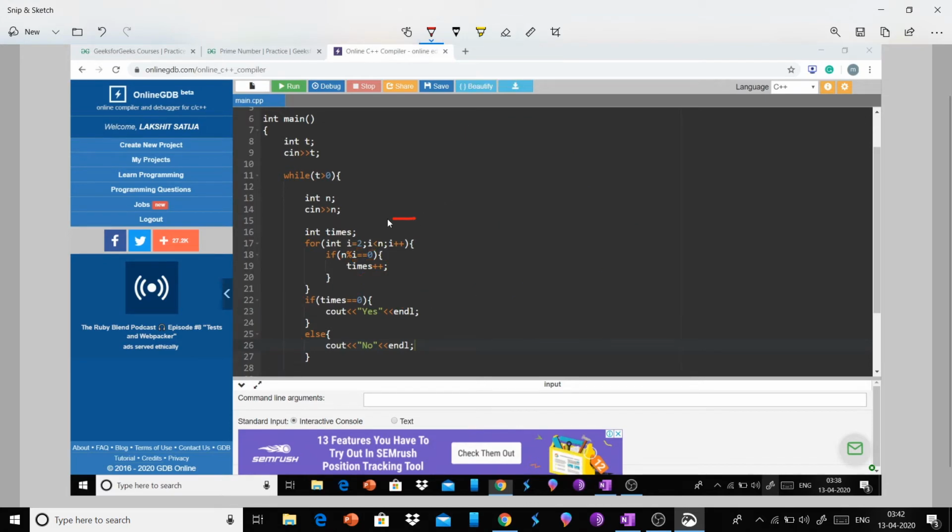Let me discuss why. There is a simple concept. We also need to check the condition here, right? Suppose we took n is equal to 2, right? And i is also equal to 2 initially, right? So 2 is not less than 2, right? This condition is wrong. So this while loop will not run, right? So if this will not run, the value of times is equal to 0, right?